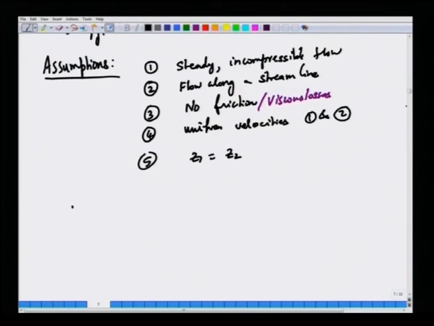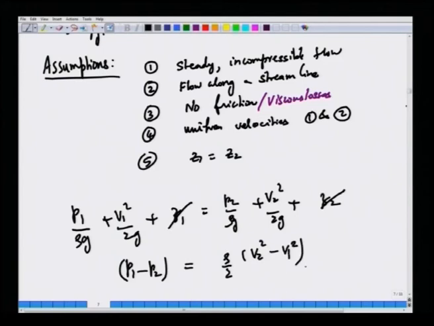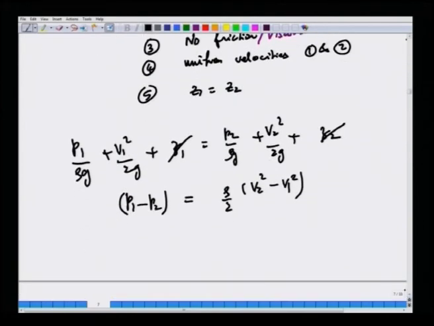So, if you use the Bernoulli equation, P1/rho + V1^2/2 + g Z1 = P2/rho + V2^2/2 + g Z2. Z1 is approximately equal to Z2. So, P1 - P2 becomes (rho/2)(V2^2 - V1^2).